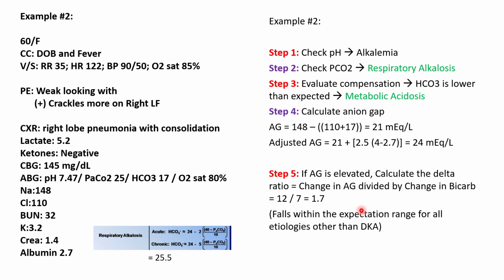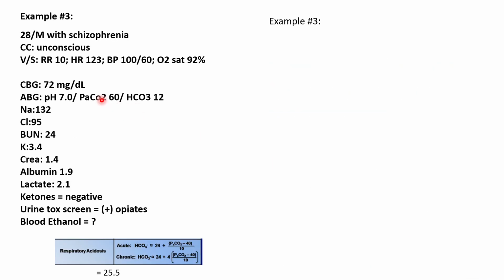The anion gap is 21 and you have a low albumin, so you adjust it, so the anion gap is 24. Now, because you have an elevated anion gap, you proceed to step 5. You calculate the delta ratio. Your step 5 would show that your delta ratio is 1.7.